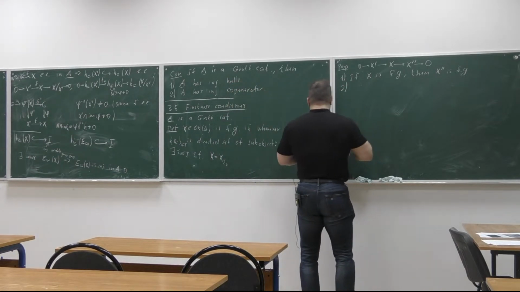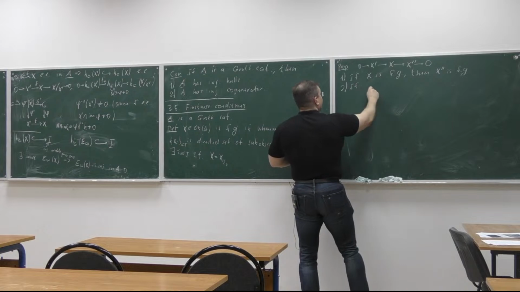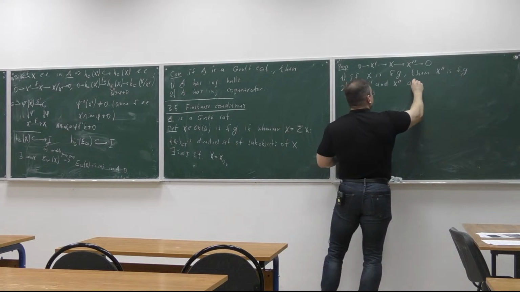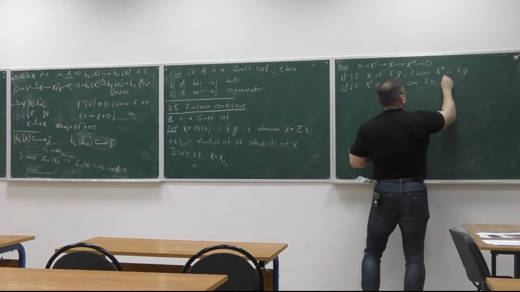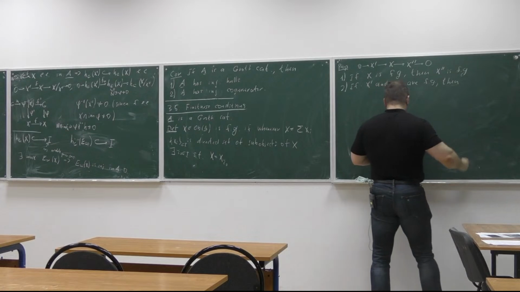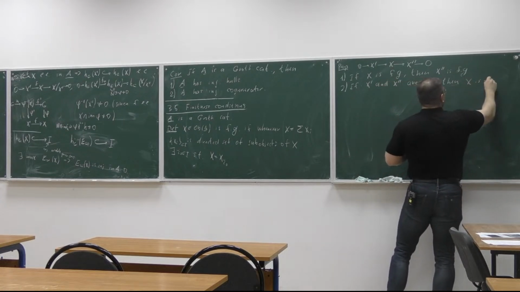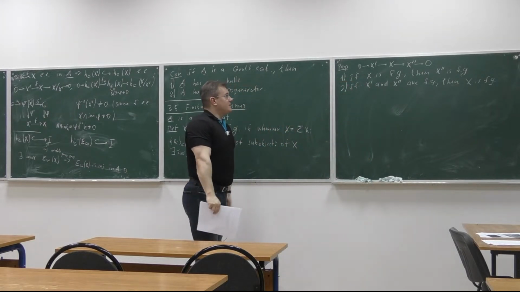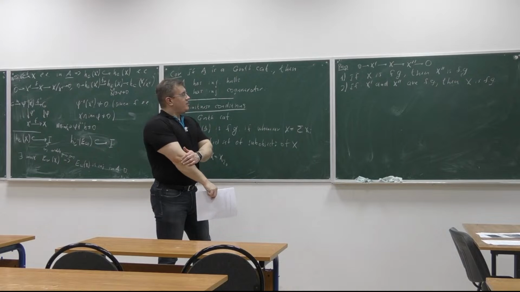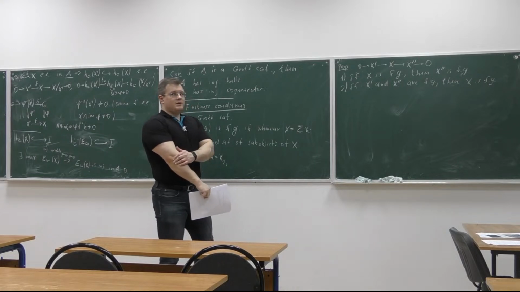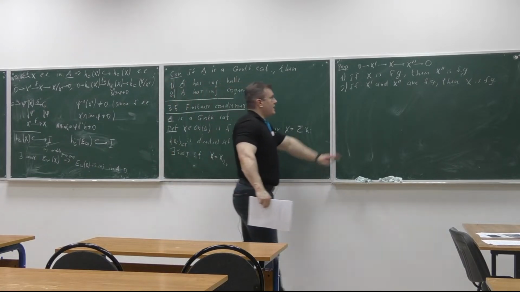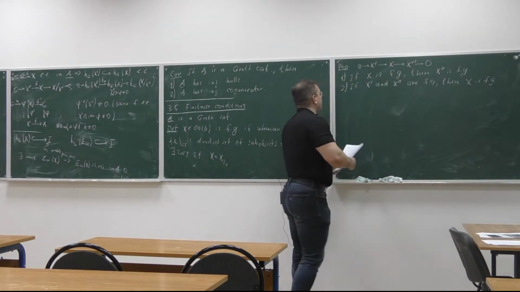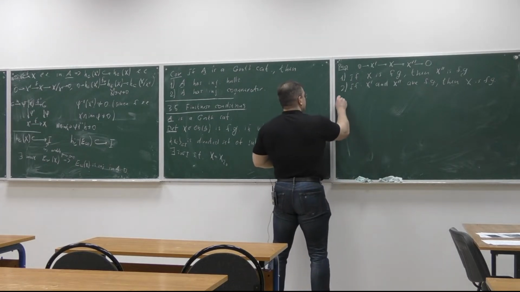And the second statement is that if X prime and X double prime are finitely generated, then X is finitely generated. Sometimes people formulate this shorter: finitely generated objects are closed under taking extensions. This X is called an extension of X double prime by the object X prime. Okay, let's prove this.